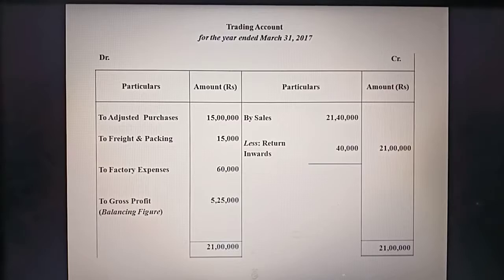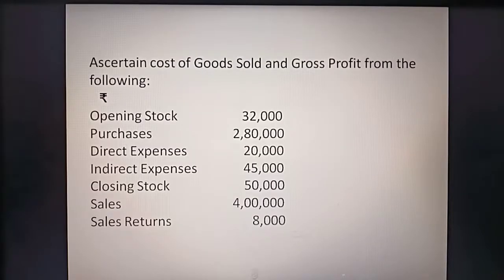Now, let us discuss the next question. Ascertain cost of goods sold and gross profit from the following information. You have to calculate cost of goods sold. This is a new term for you. Cost of goods sold means opening stock, purchase, direct expenses minus closing stock.